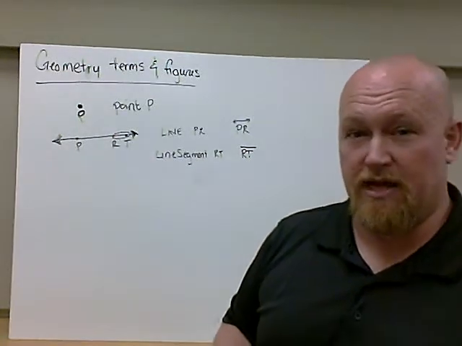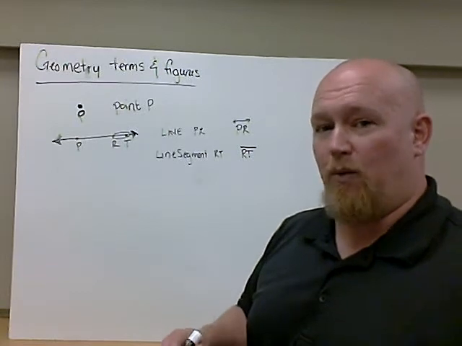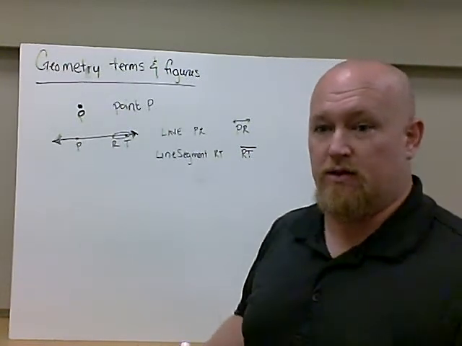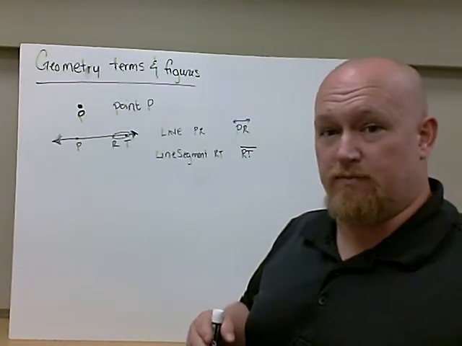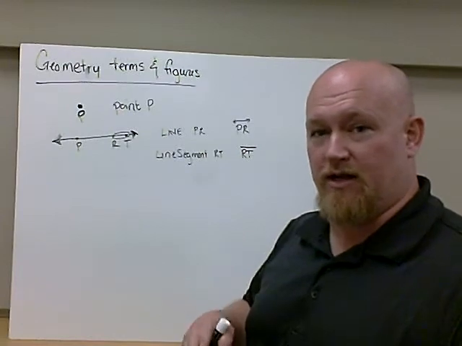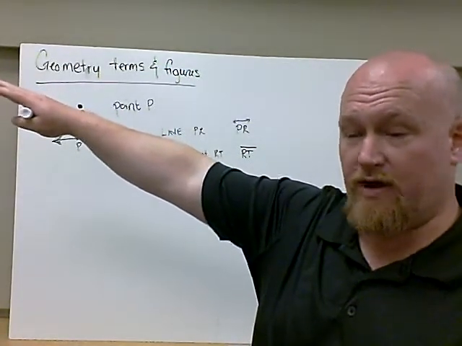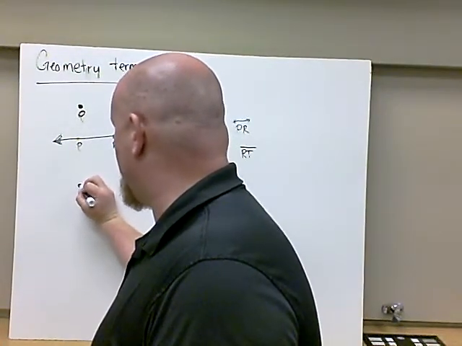Another special type of line that we have is called a ray. I want you to think about Star Wars. I do love me some Star Wars. And the stormtroopers use ray guns. And the laser comes out of one end of the ray gun and goes on in a continuous direction forever. Rays are exactly that.